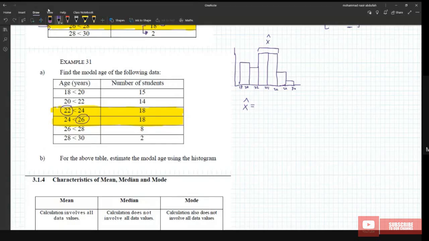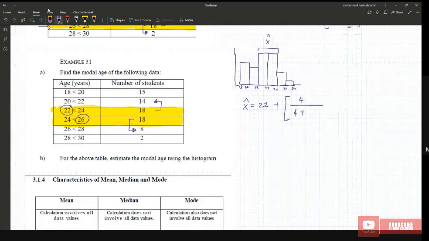So the lower class boundary is 22 plus the difference between the frequency of the model class and the frequency before the model class, 18 minus 14 equal to 4. Then 4 plus the difference between the frequency of the model class and the frequency after the model class, 18 minus 8 equal to 10.